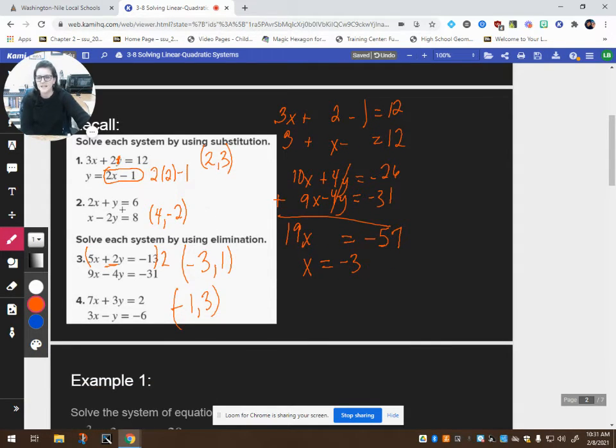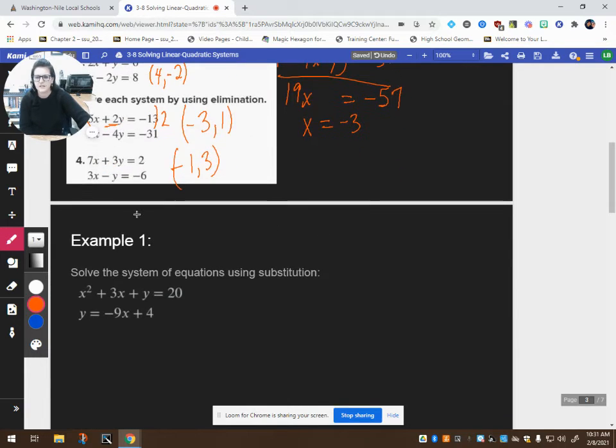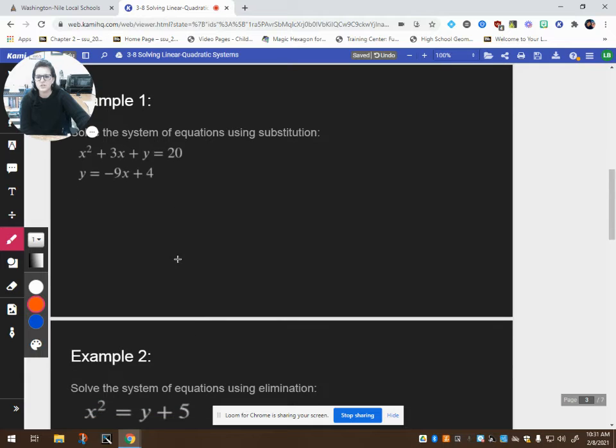Okay, so taking this now and applying it to today's lesson, we have a system that we want to solve using substitution. However, this time I can see that I do not have two linear equations. I've got a quadratic system because of this x squared, but we can still work it out the same way using substitution.